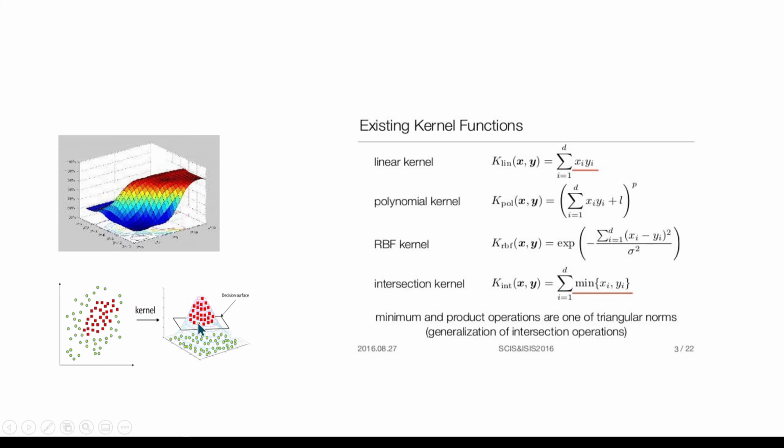And this is another example of the radial basis function. Let's say you have these data points, the red ones. When you put them in a two-dimensional feature space, the red ones are somewhere in the middle, and the green ones are around the red ones.